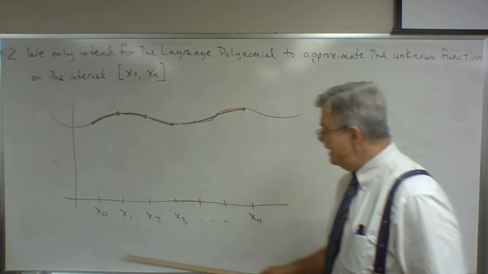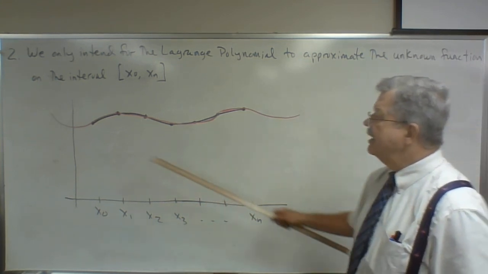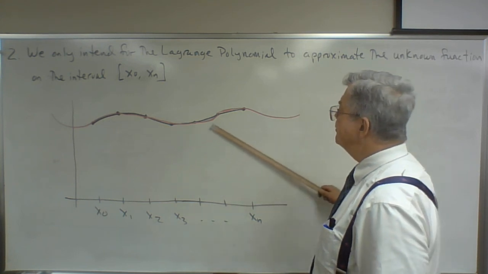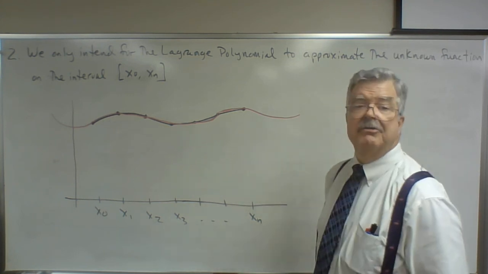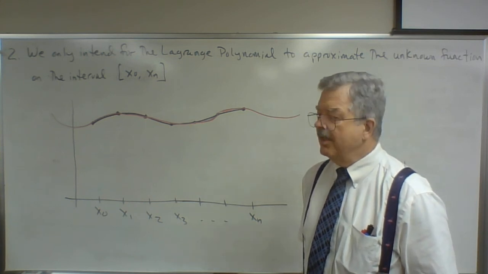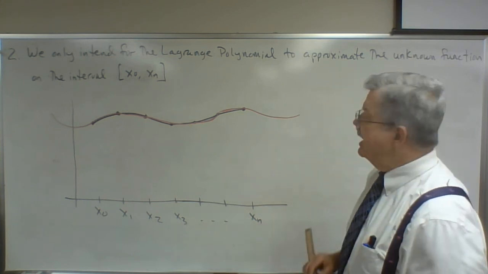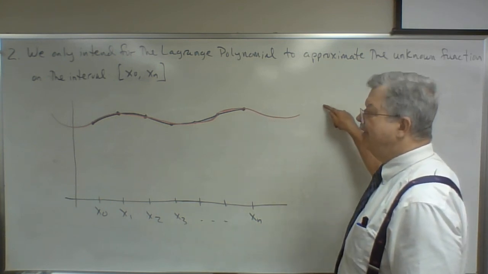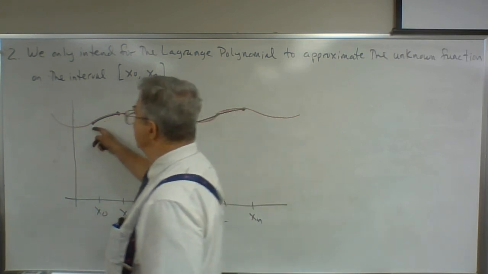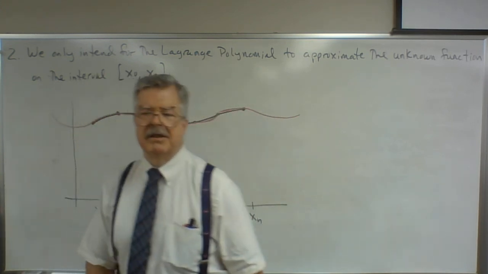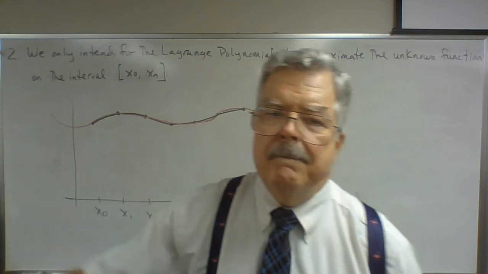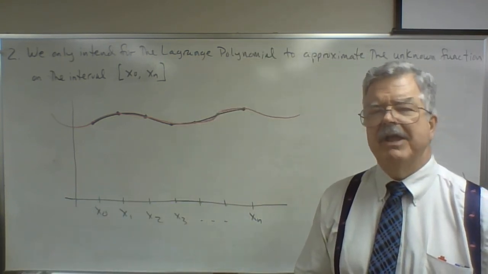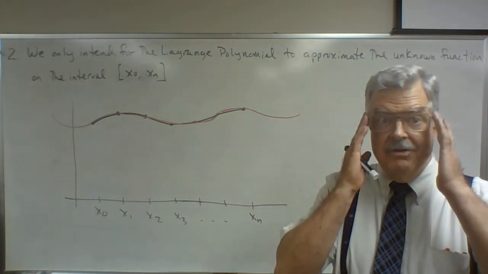And on the interval from x0 to xn, the approximating polynomial very closely approximates the unknown function in red. And outside of the interval, the unknown function just sort of gently rises and falls and rises very gently. But outside of the interval, the Lagrange polynomial is not going to do that.